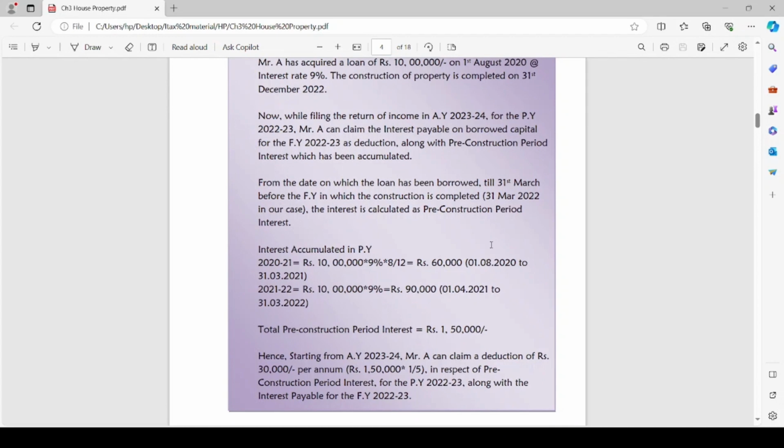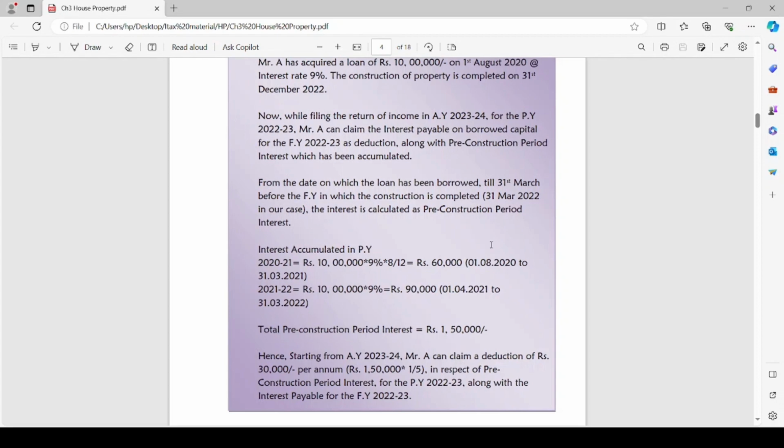The interest amount is rupees 60,000 for that year. Then, for the previous year 2021-2022, the interest accumulated will be rupees 10 lakh into 9% for the whole year. That is rupees 90,000. So the total pre-construction period interest will be rupees 1,50,000 only.